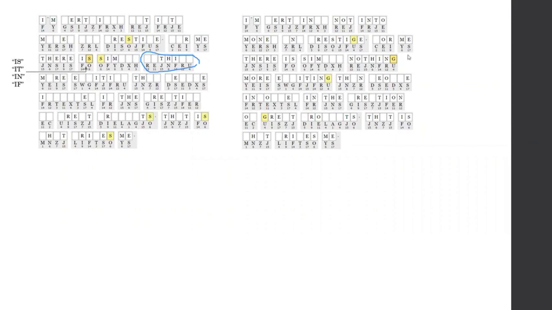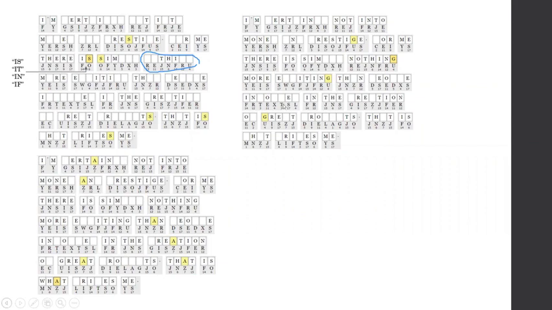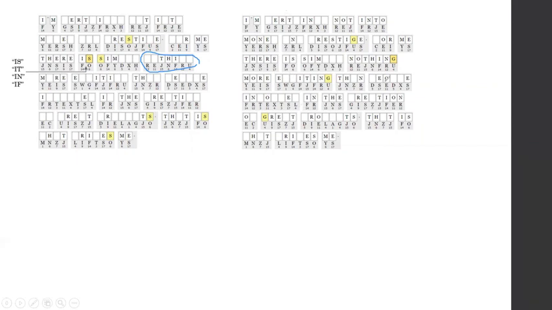And once you know that this decrypts to the word nothing, you can of course apply those decryptions to the rest of your ciphertext. And then after that, you see this pattern again.